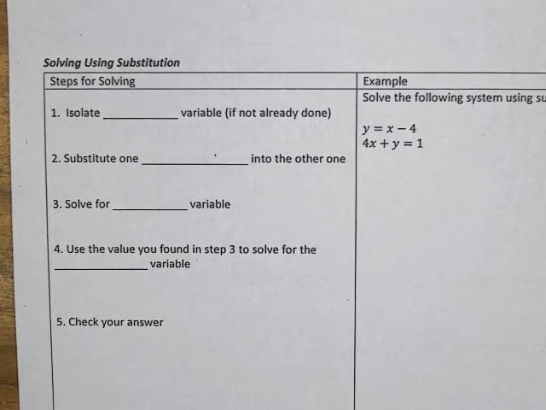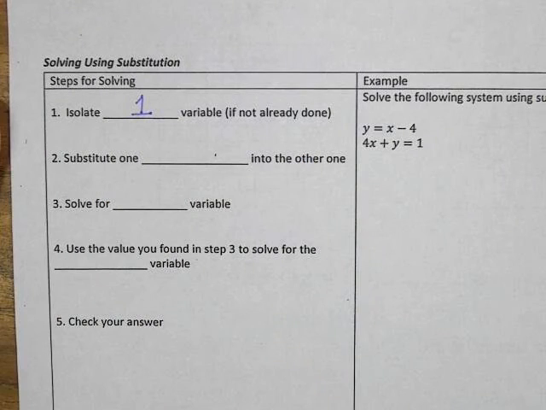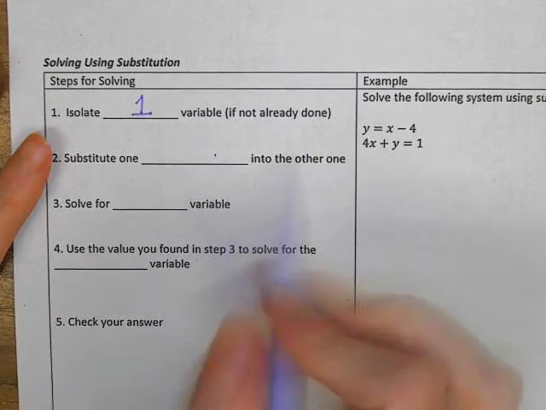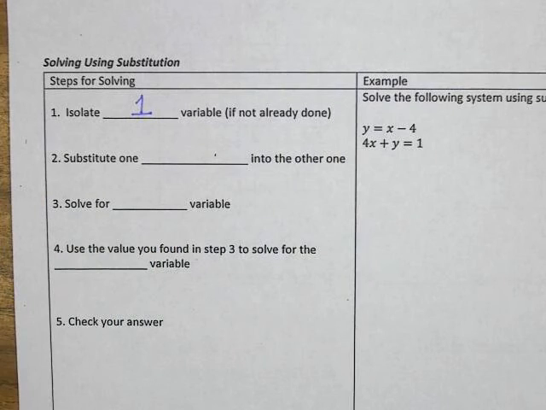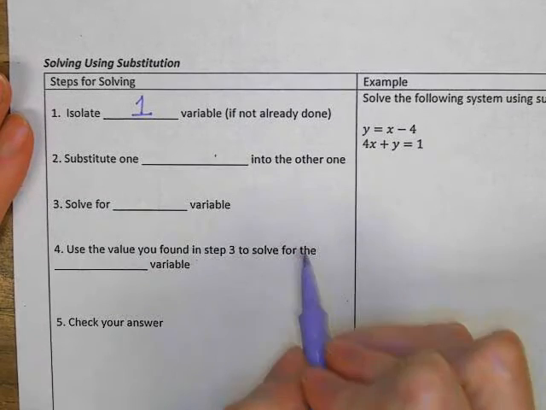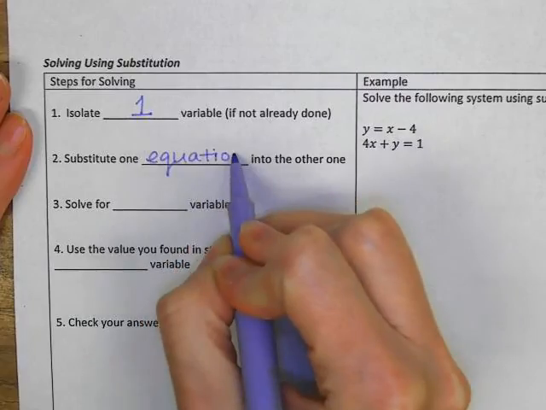So substitution is you have to isolate one variable, x or y. Sometimes it's already isolated, but you have to have one variable isolated. And then you're going to substitute one equation into the other.